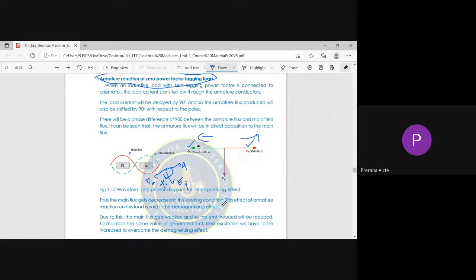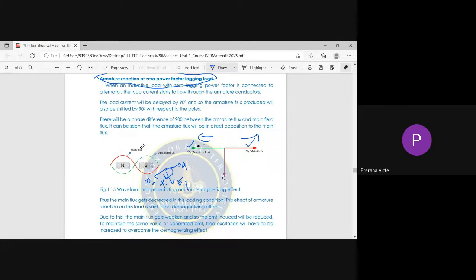Because of this demagnetization effect, the generated voltage is reduced at the load terminals. To maintain the terminal voltage constant as before, we increase the excitation of the alternator. For that reason, when the generator is operated under pure inductive loads, it is operated in the over-excited condition.